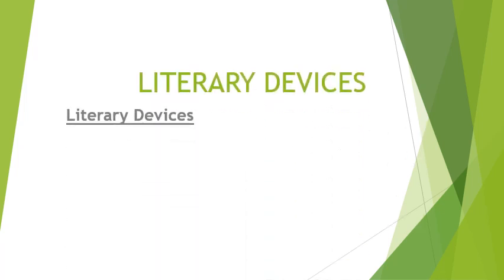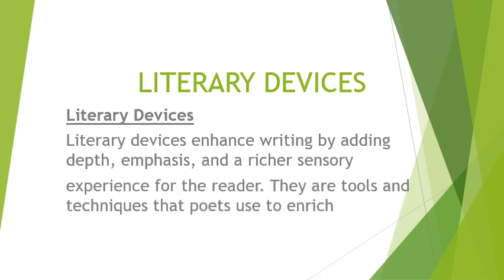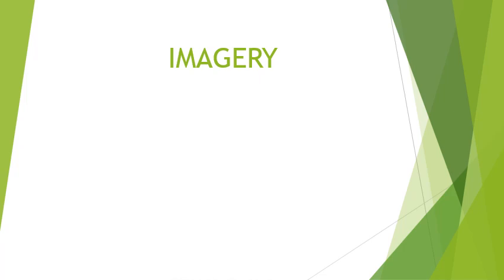Okay, so literary devices enhance writing by adding depth of emphasis and richer sensory experience for the reader. They are tools and techniques that poets use to enrich the meaning, imagery, and impact of their work. The first literary device we have here is imagery.